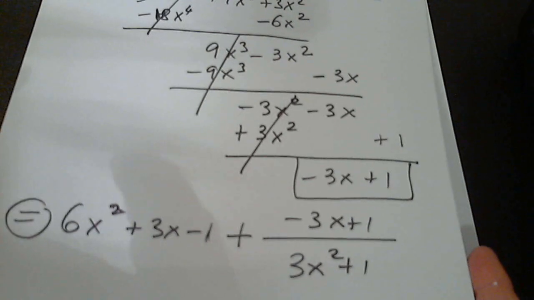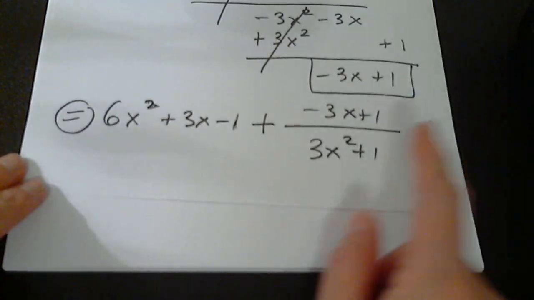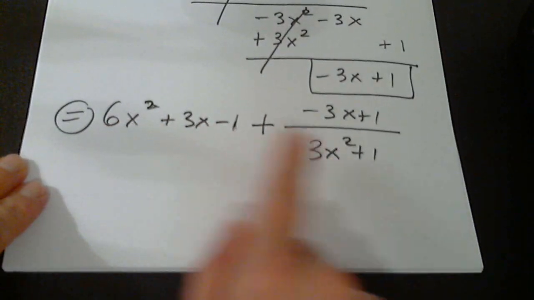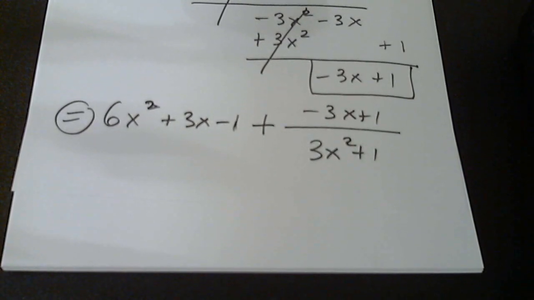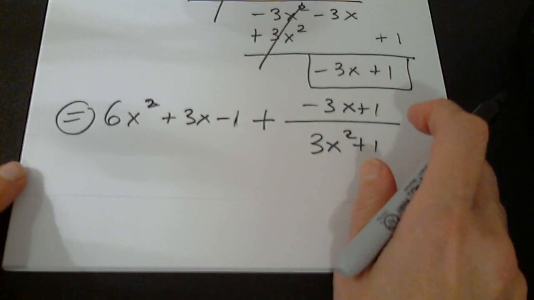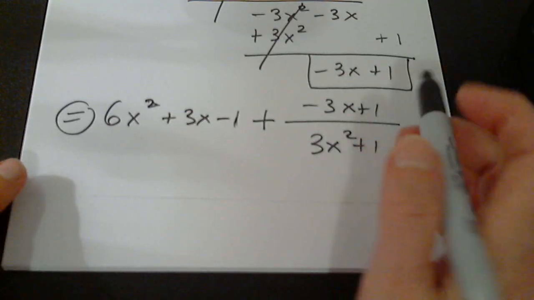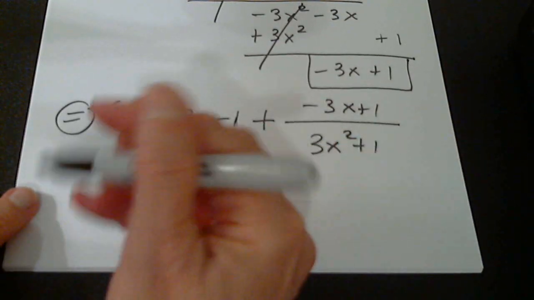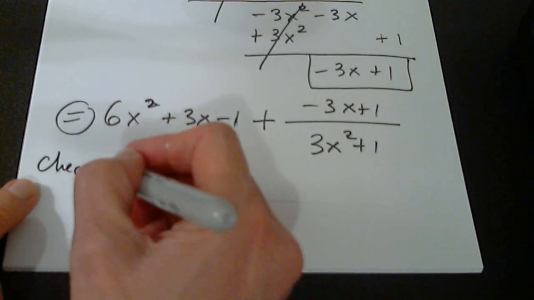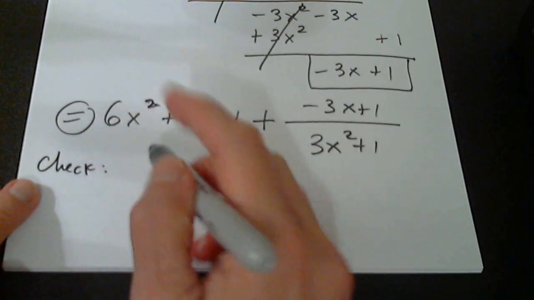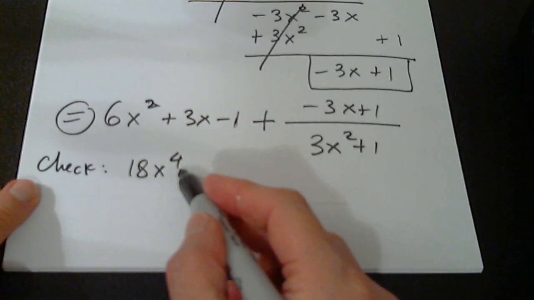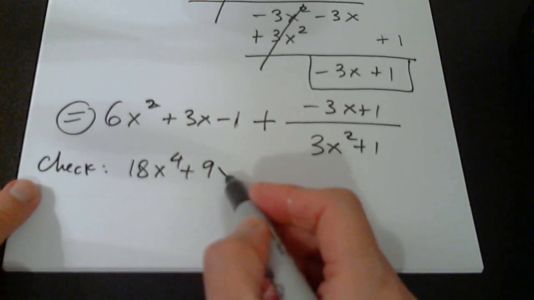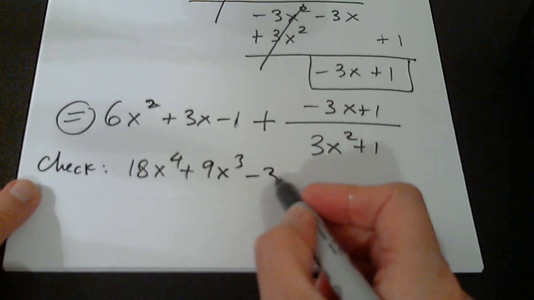Any questions on this problem? And yes, we can check. This times these 3, this times these 3, minus 3x. Let's check. Do you want to check? Yes, no? Okay, yes, perfect. 3x squared times 6x squared. 3x squared times 3x. 9x cubed minus 3x squared.